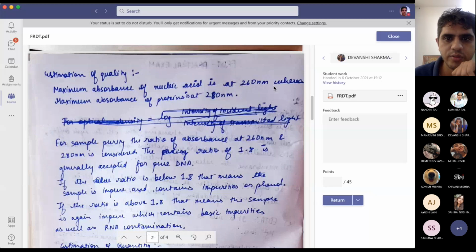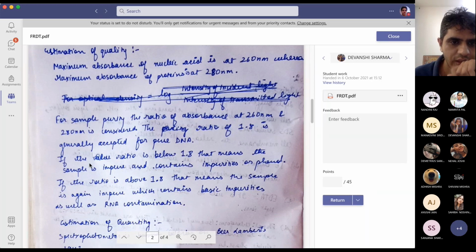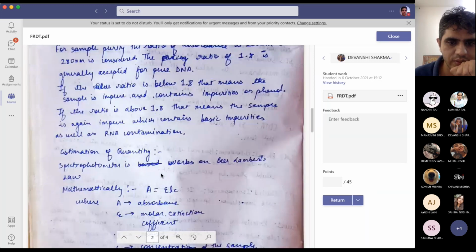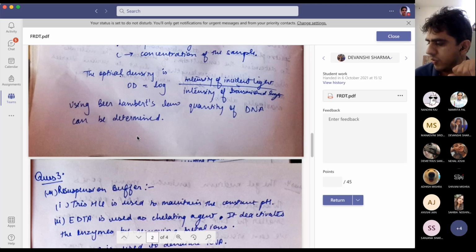So maximum absorbance of nucleic acid at 260 and the protein at 280. Sample purity is the ratio of 260 to 280. And below it's fine. But the concentration is missing. So it is going to be 3.5, 4 and 3.5. Okay, Devanshi.